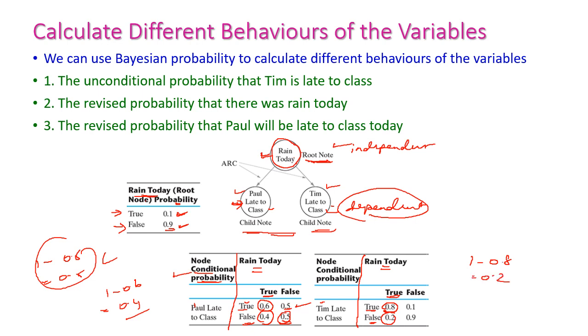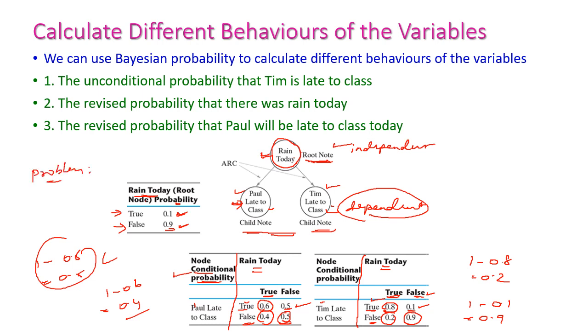The next one, Tim late to class true and rain today false, the value is 0.1. And Tim late to class false and rain today false, the probability is 0.9, that is 1 minus 0.1 equals 0.9. So these are the values we got from our problem.